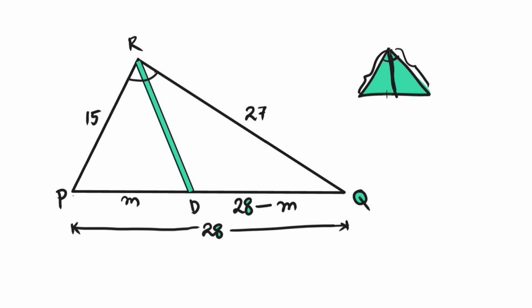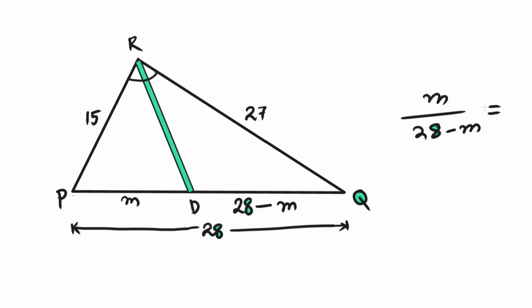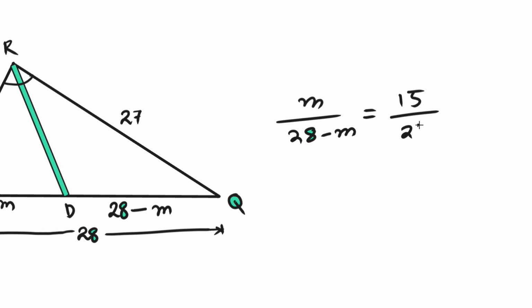In our triangle, RD bisects the angle at R, so the ratio PD divided by DQ must equal PR divided by QR. We know that PR is 15 and QR is 27, so we can write M divided by 28 minus M equals 15 divided by 27.